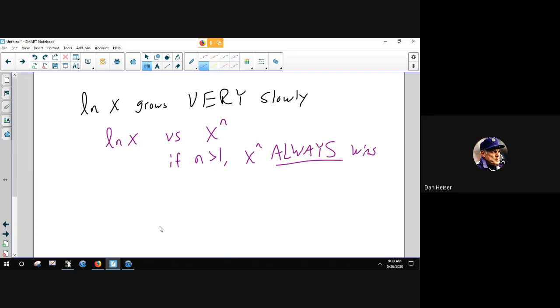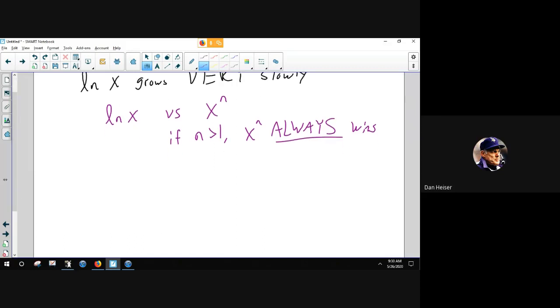So, a few values here. I'm going to punch these in to my calculator that I'm holding in my hand. You can check some values as well. Natural log of 1.